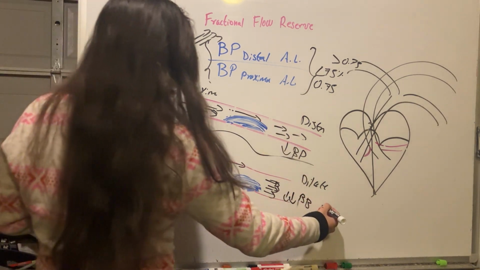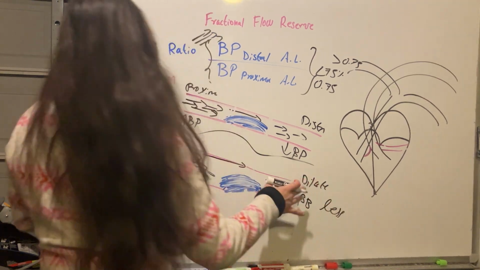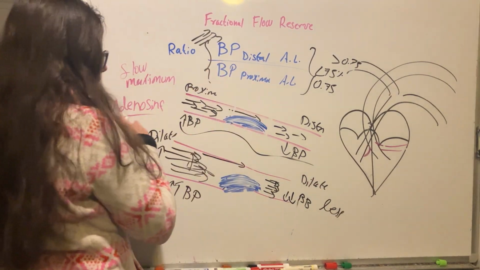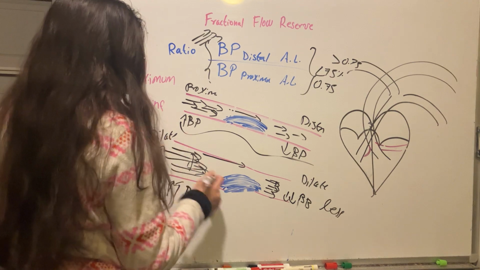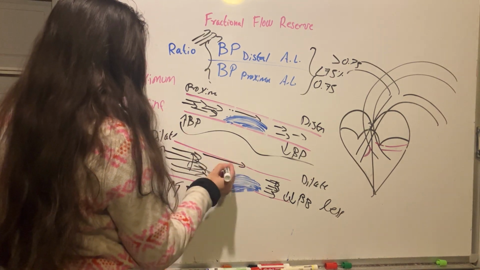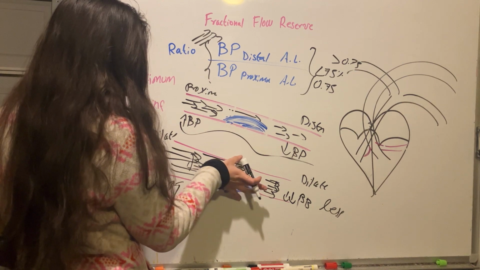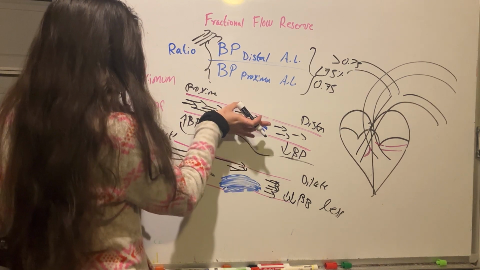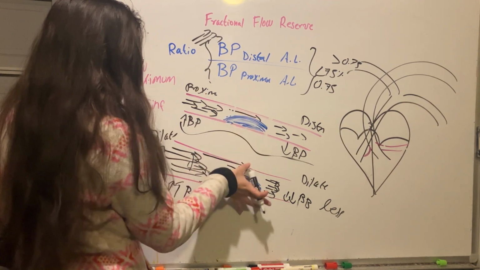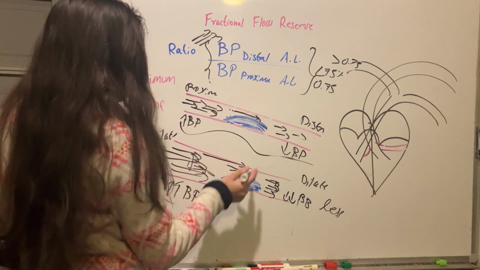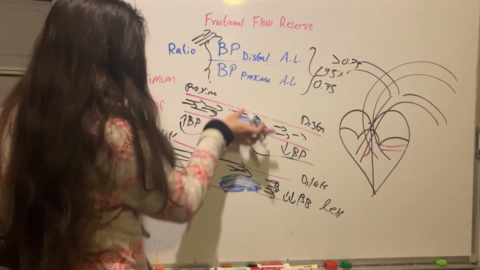and this ratio is going to be less than if we were measuring the ratio without adenosine, because here the same amount of flow is passing at the site of the atheromatous plaque, without the adenosine effect as with the adenosine effect, because this part cannot dilate. So the flow coming at the site of the atheromatous plaque is the same.